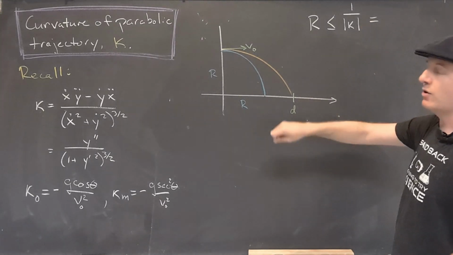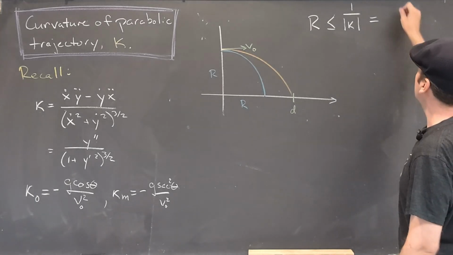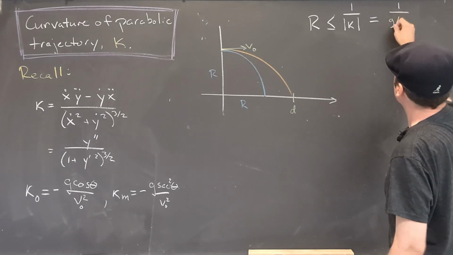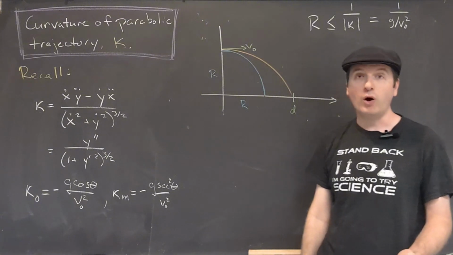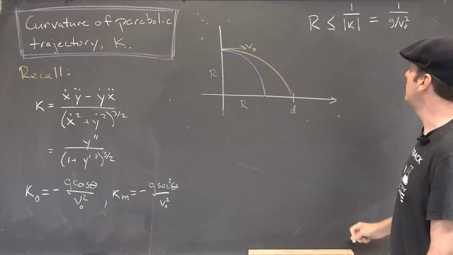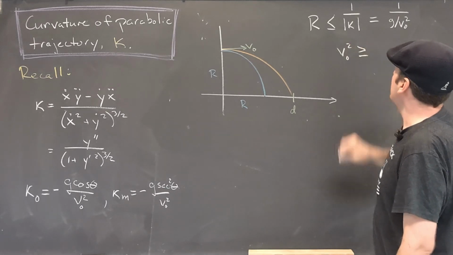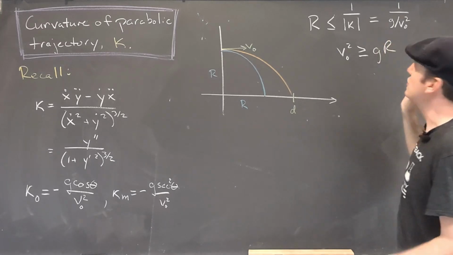And when we plug that in at theta equals 0, which is this horizontal condition here, I'm going to end up with 1 over, absolute value gets rid of the negative sign, g over v naught squared; secant squared or cosine both give me 1 for a horizontal launch. Shuffling things around, that tells me that I want my launch speed to be greater than or equal to the square root of g r.